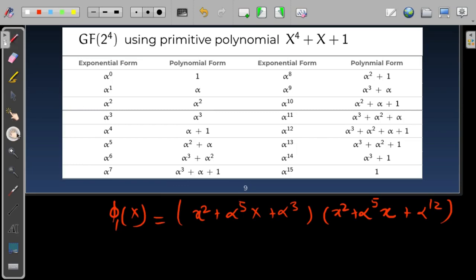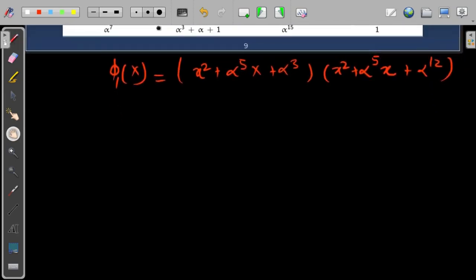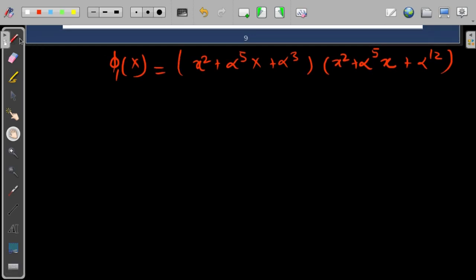What's going to be our result? This is something that we have to consider, right?